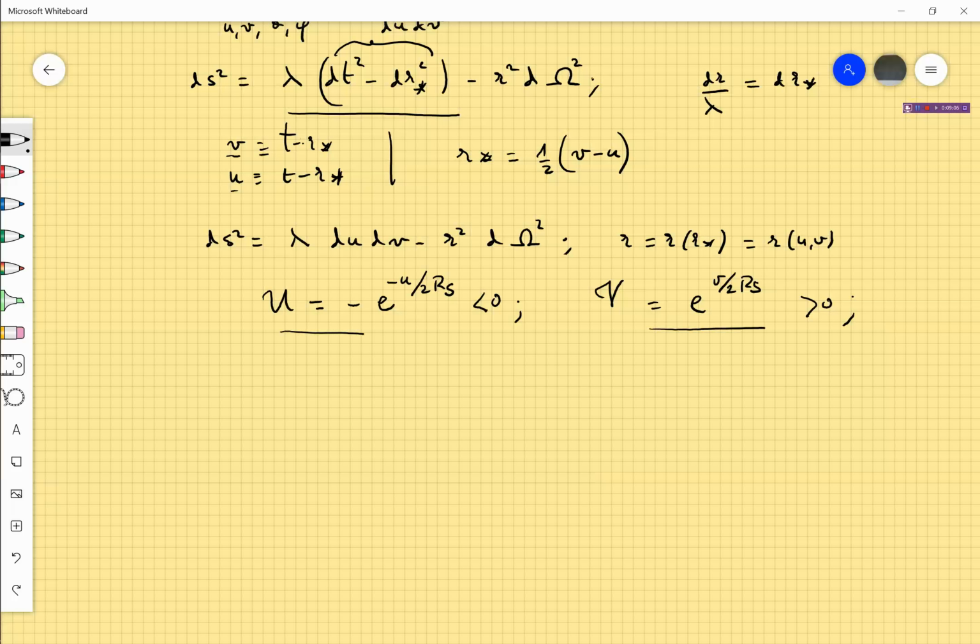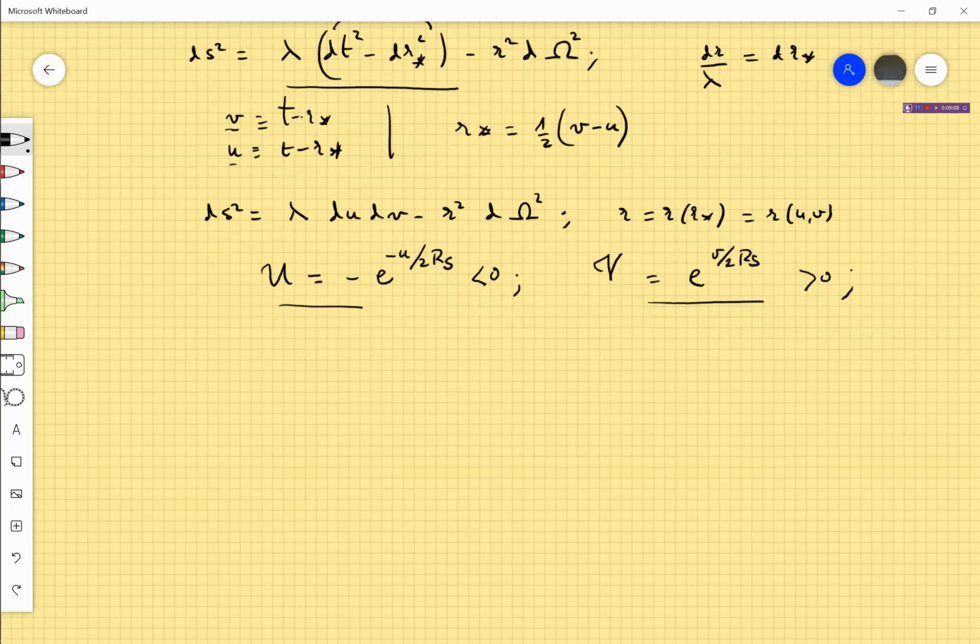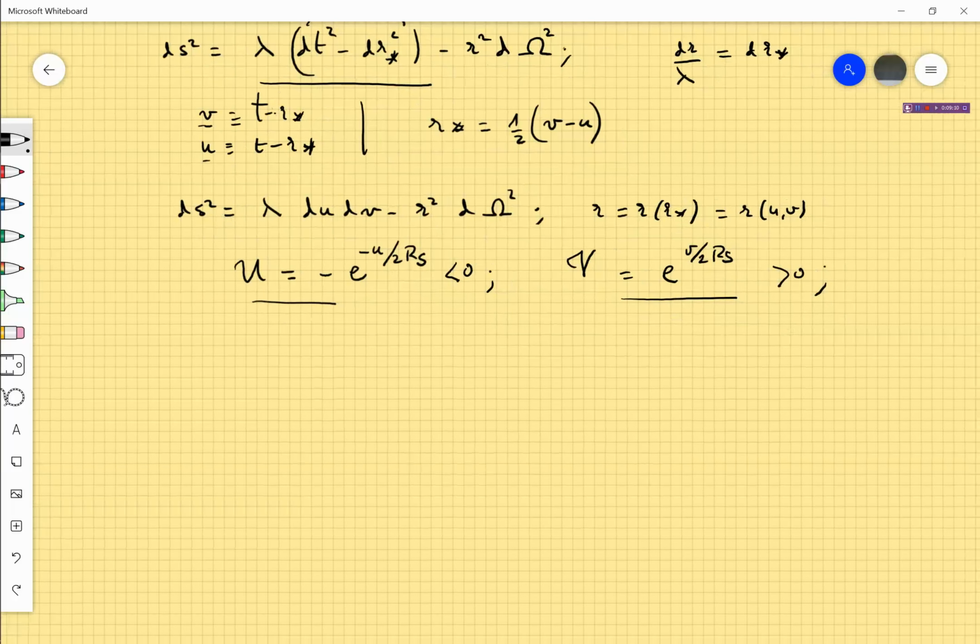Okay, so everything is almost ready to find this analytical extension. The only thing that has to happen is that in the end the metric is well defined for all values of U and all values of V.